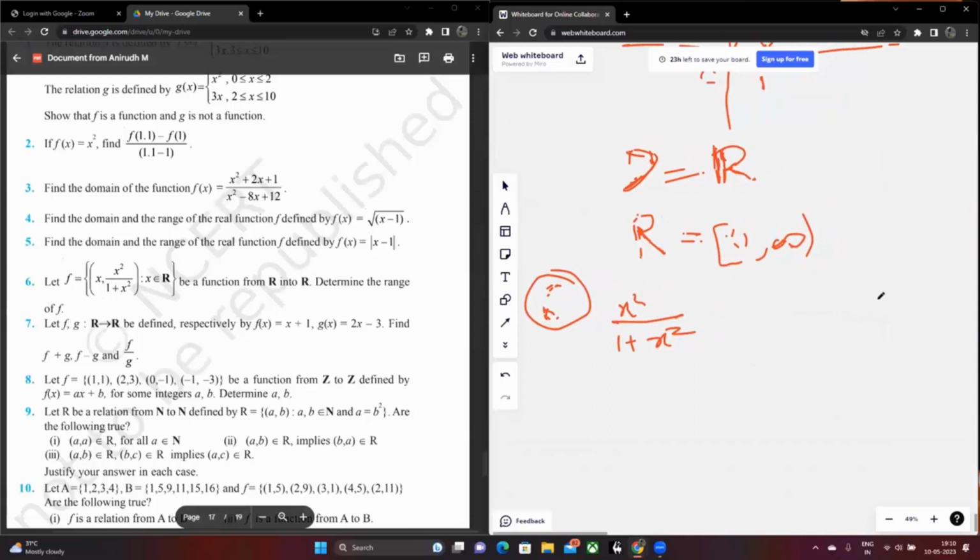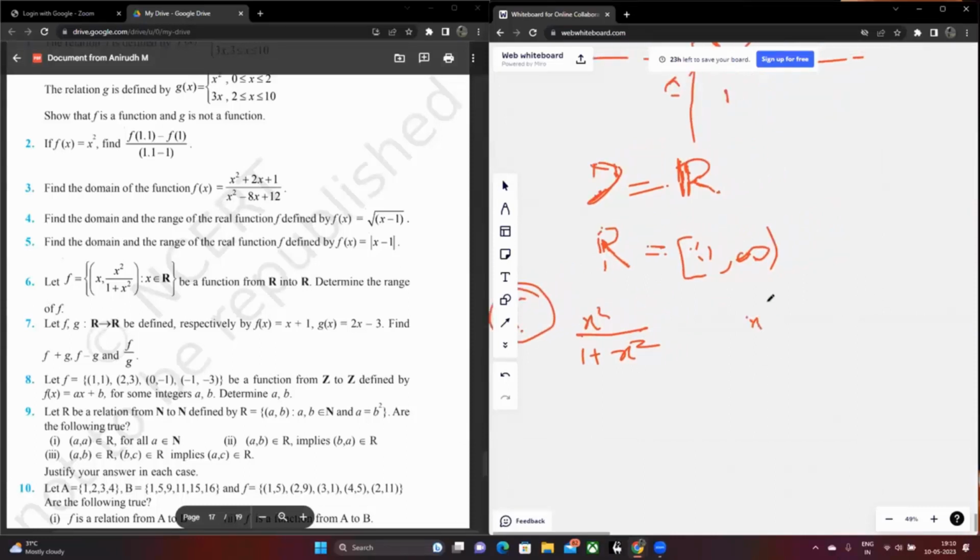Here you have to notice that x square is always greater than or equal to 0, and 1 plus x square is always greater than x square. So x square by 1 plus x square is always less than 1. It cannot be equal to 1, never, because 1 plus x square is always 1 greater than x square.